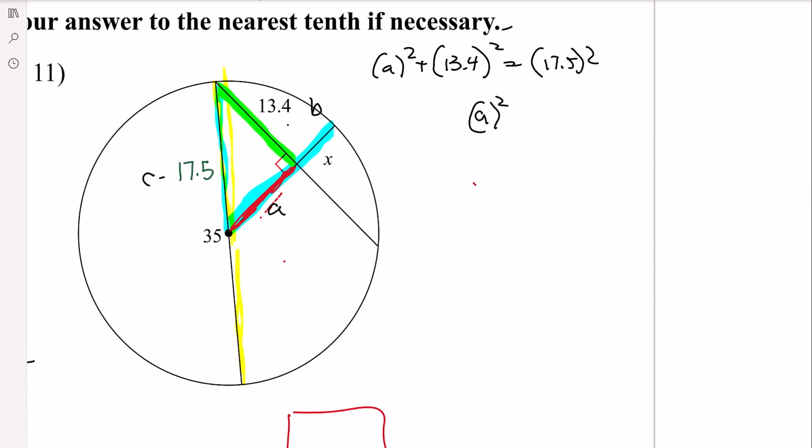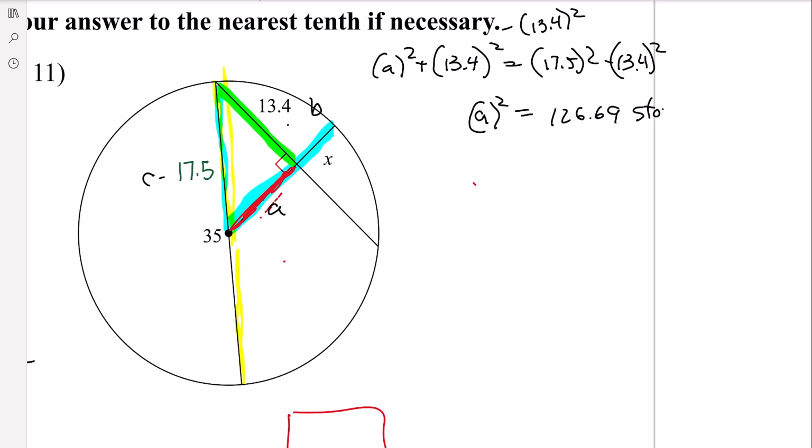So we can go ahead and subtract this 13.4 squared on both sides. So that's what I'm going to type in right now. I'm going to type in left parenthesis 17.5, close parenthesis squared, subtract left parenthesis 13.4, close parenthesis squared, enter, and that's going to give you this squared amount.